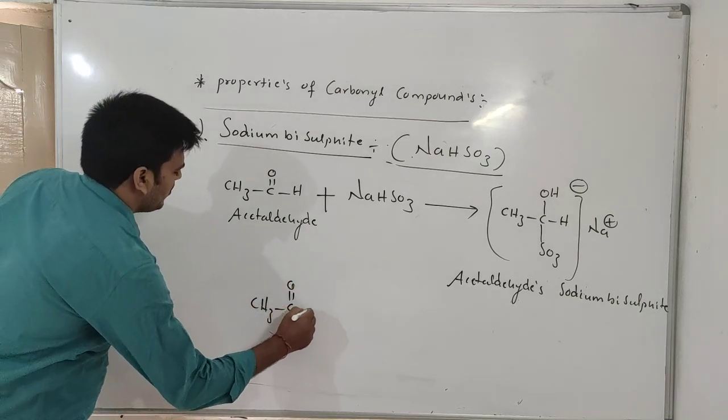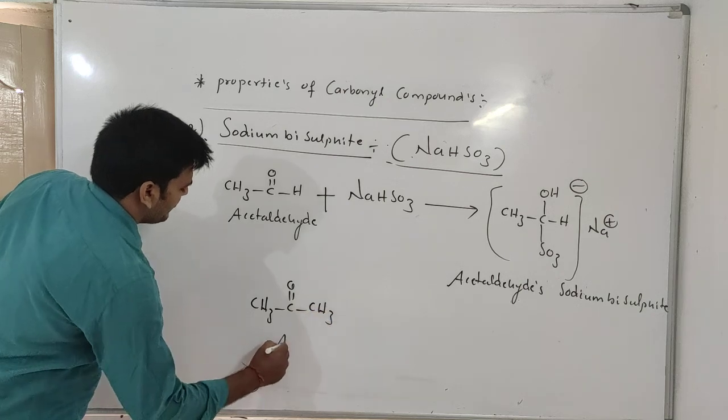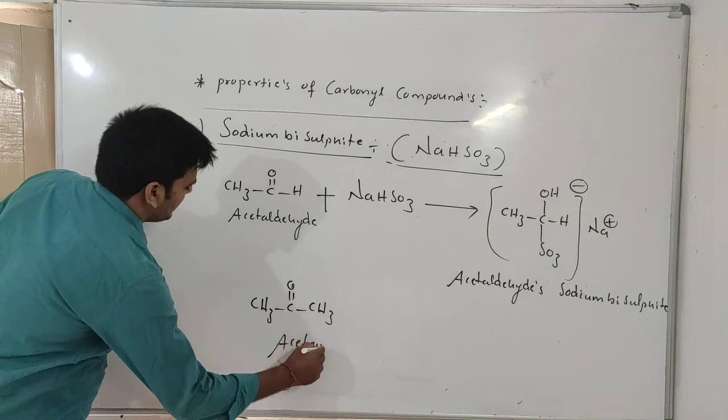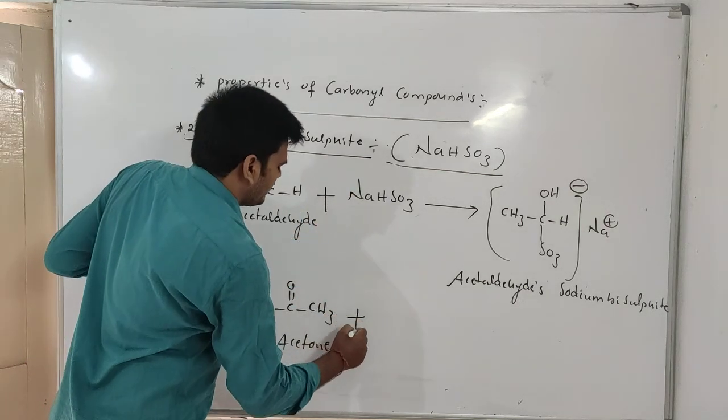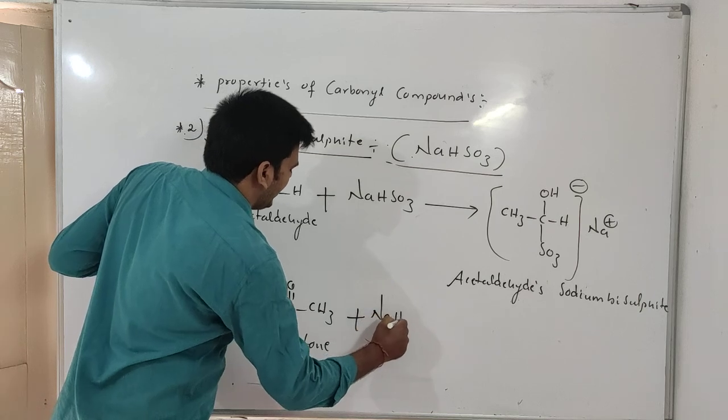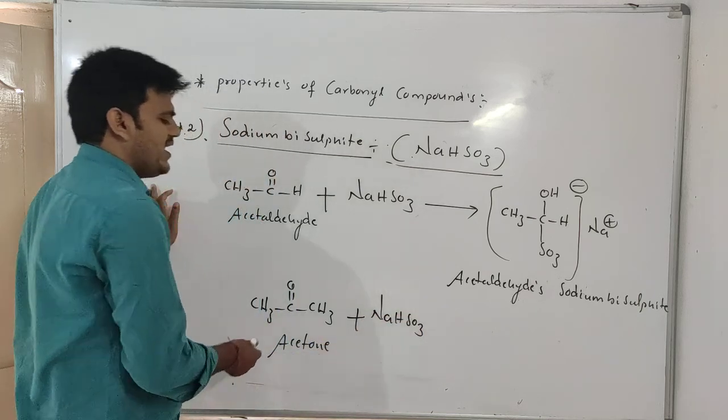For example, acetone, formula CH3C=O CH3. The compound name is acetone, one of the carbonyl compounds, plus the same sodium bisulfite, formula NaHSO3.